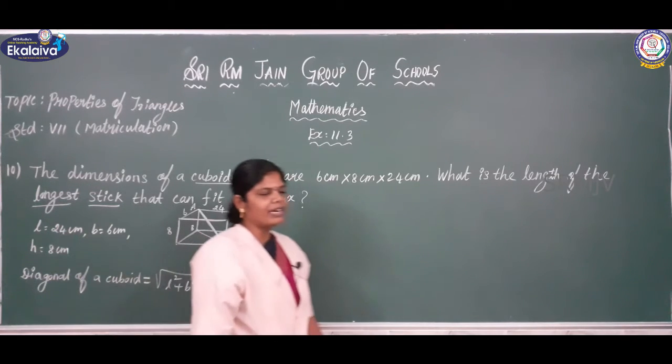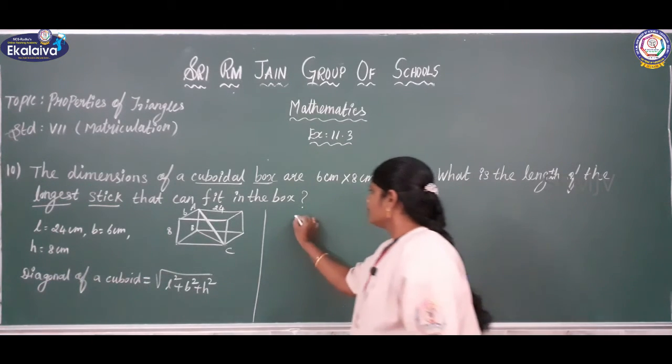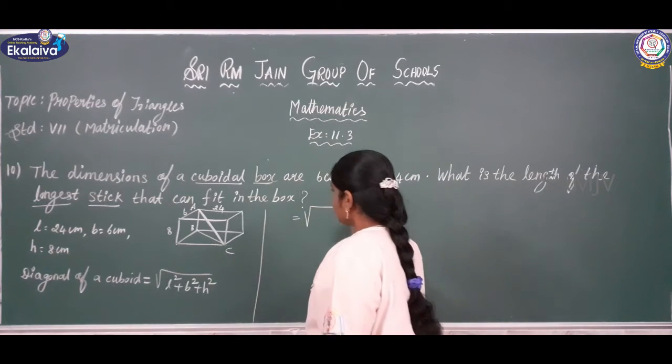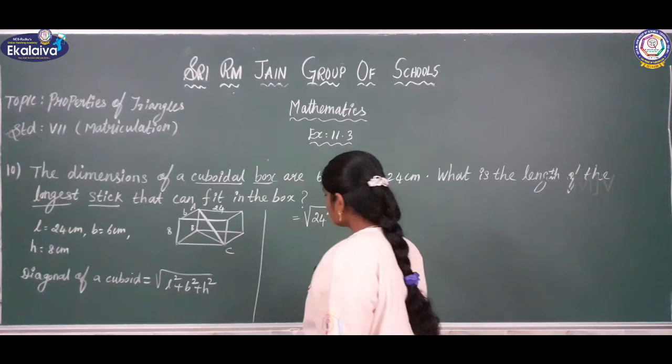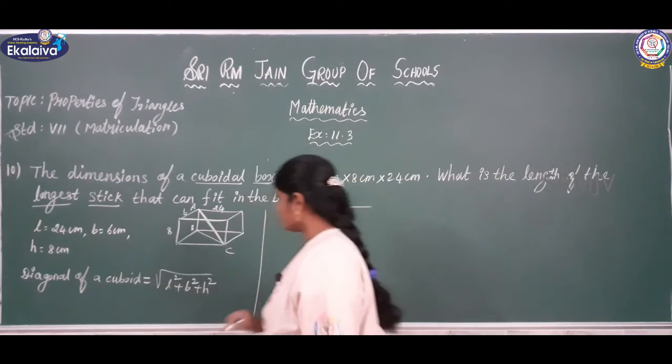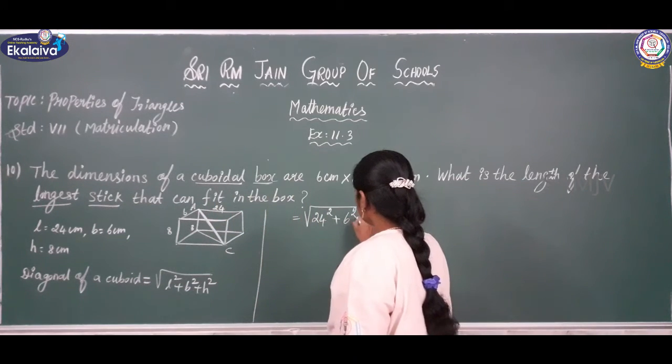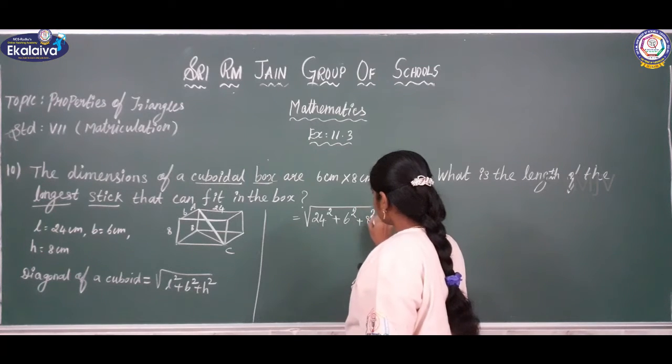Substitute the values here. Root of L value 24, 24 square, plus B value 6, 6 square, plus H value 8, 8 square.